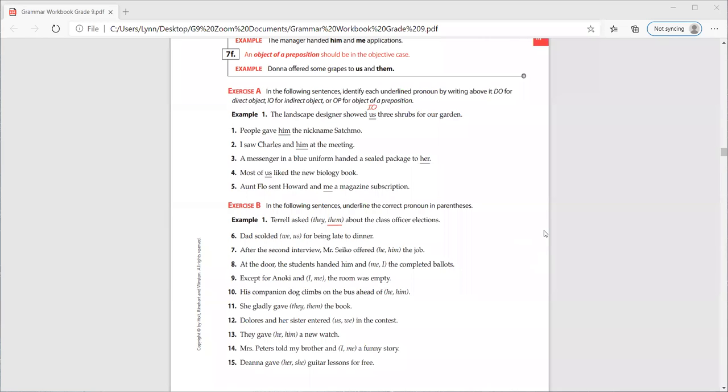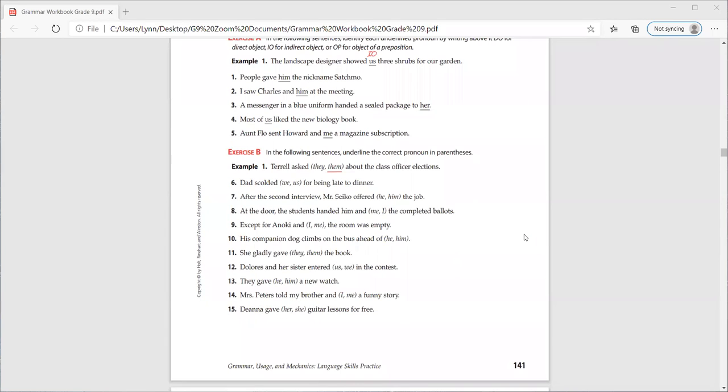All right. Exercise B. Mihad, will you do 6 through 15? Yeah, sure. We're going to underline the correct pronoun. Number 6 will be us. Correct. Number 7 will be him. Yes. Number 8 will be me. Yes.